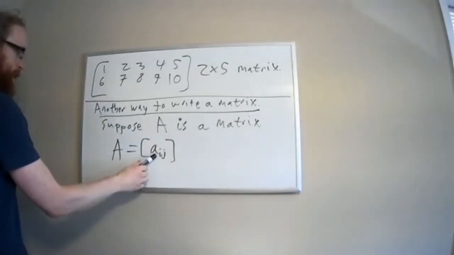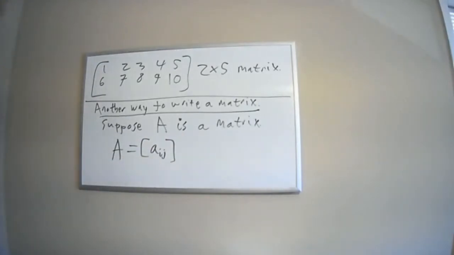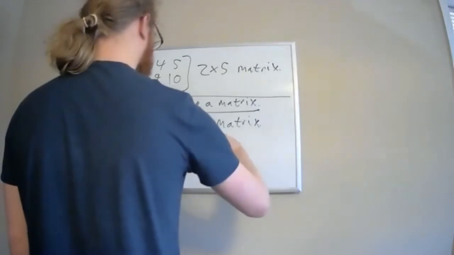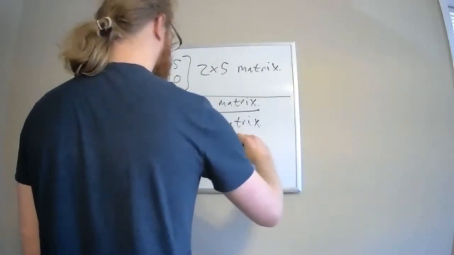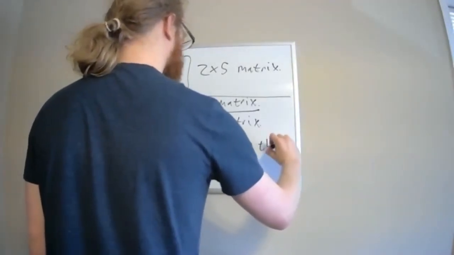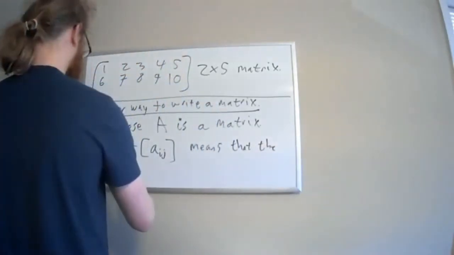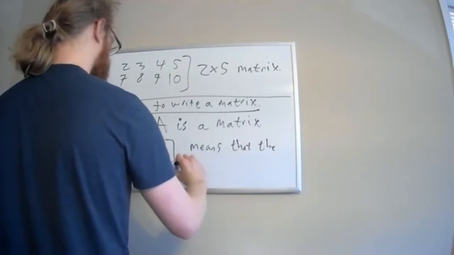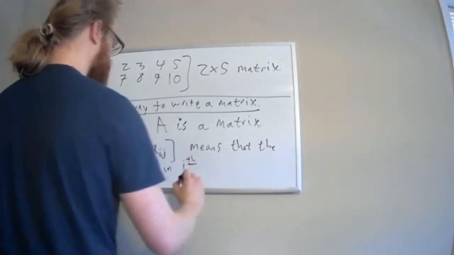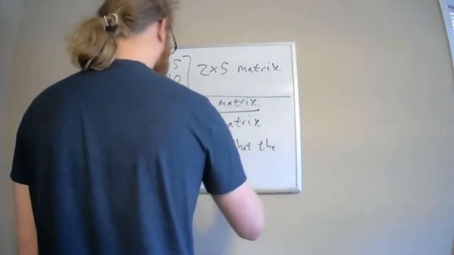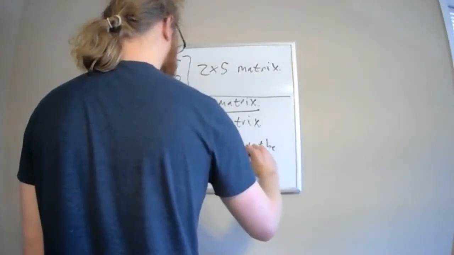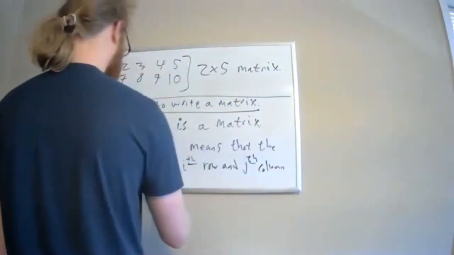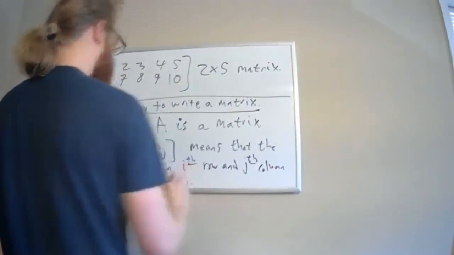So this is a little a with a little ij inside of square brackets. This means that the entry of A in the ith row, in the jth column is a_ij. I'll give you an example because this is going to be kind of abstract. So the a_ij's are numbers.